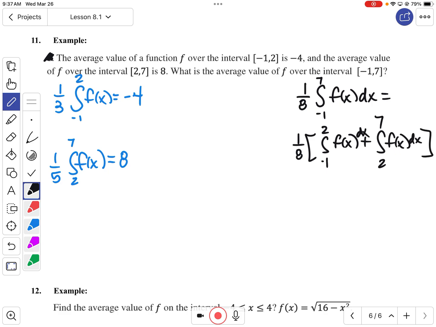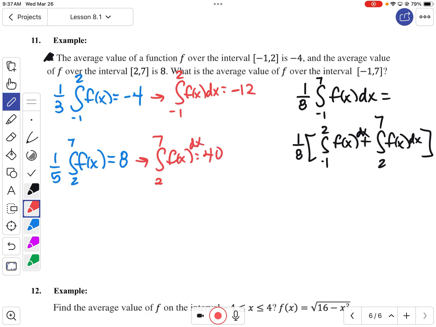The problem is I don't have those integrals isolated because they have coefficients in front of them. How could I get rid of those coefficients? Multiply. So this gives me that the integral from -1 to 2 of f of x is going to equal -12. This one, if I multiply by 5, the integral from 2 to 7 of f of x is going to equal 40. All right, we just multiplied.